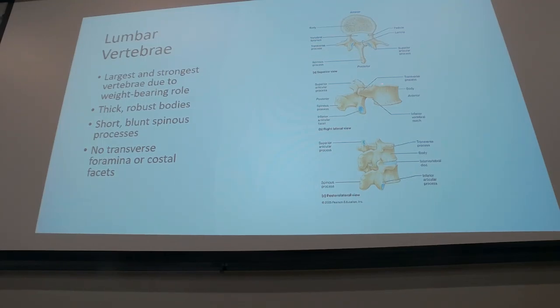Something else that is characteristic of these vertebrae, besides having a thick, massive body and short transverse and spinous processes with a blunt end for the spinous process, is the fact that the inferior articular process facet faces more laterally, and the superior articular process has the facet facing medially, and having this wide inferior vertebral notch, wider than the inferior vertebral notches of the rest of the vertebrae.